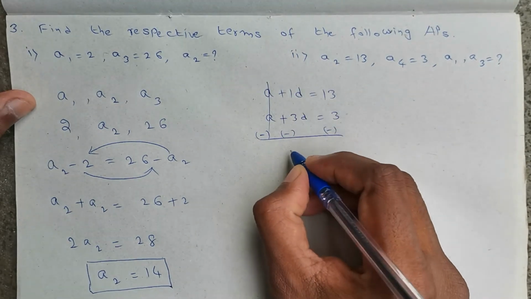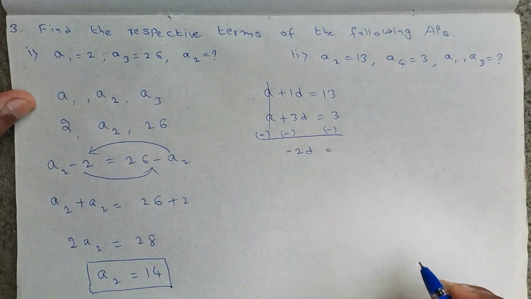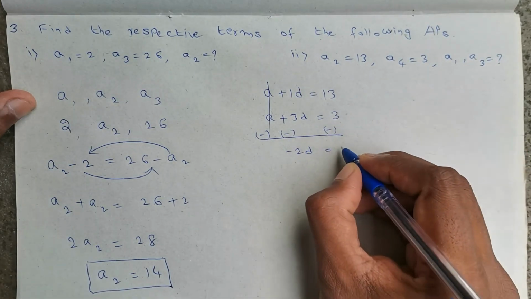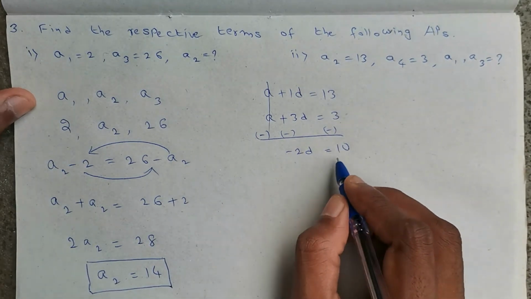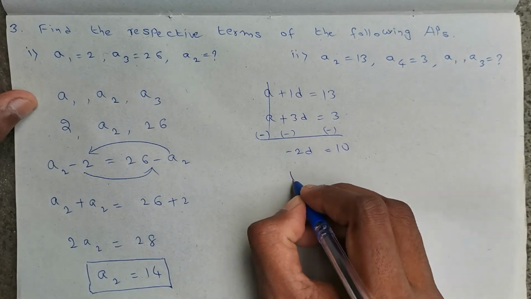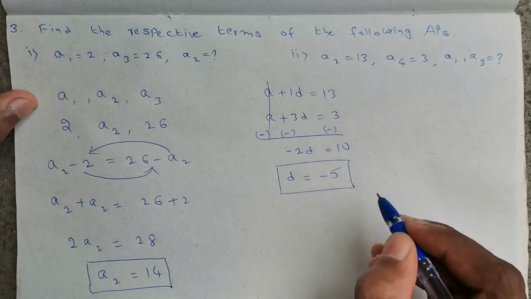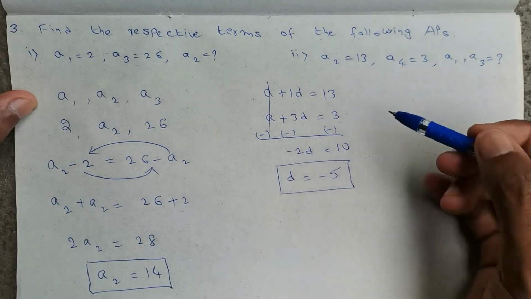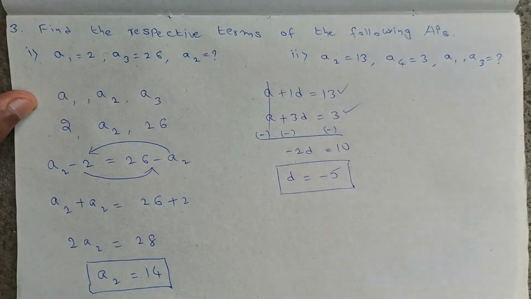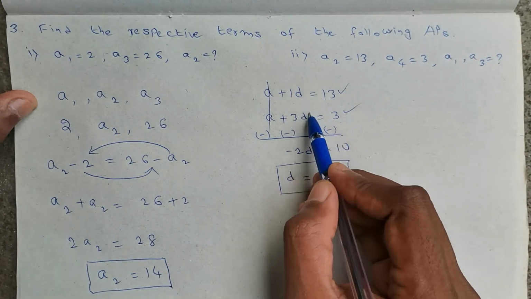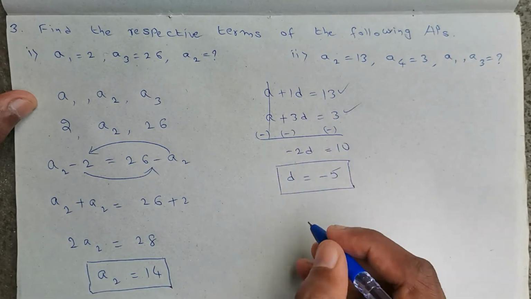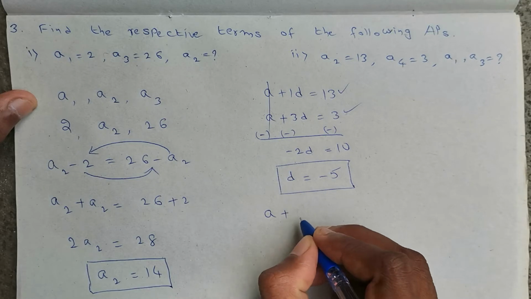1D minus 3D is minus 2D, which equals 13 minus 3, 10. Minus 2D is equal to 10, then D is equal to minus 5. Now we can substitute this D value in either the first equation or the second equation. The first one looks easy, so I am substituting in the first equation only.